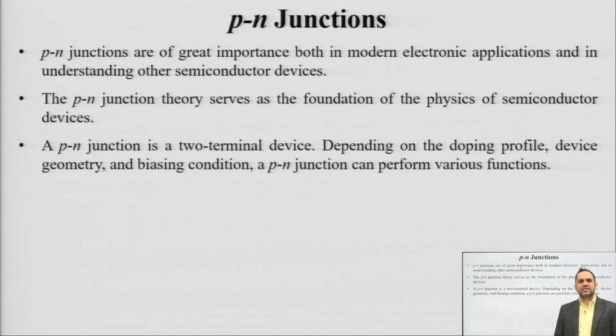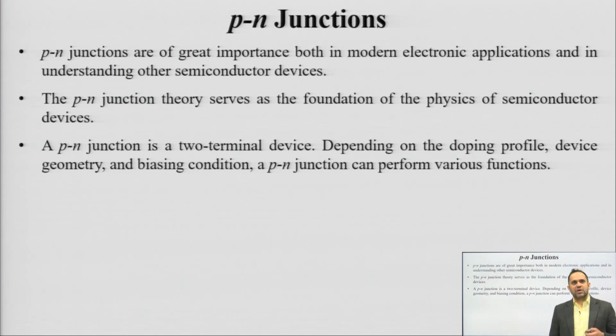The way devices are fabricated, they are bound to have one or multiple p-n junctions at different locations. So, we must know all the analysis and all the electrostatics associated with these junctions, because these electrostatics are going to form the basis for analyzing major semiconductor devices to follow.